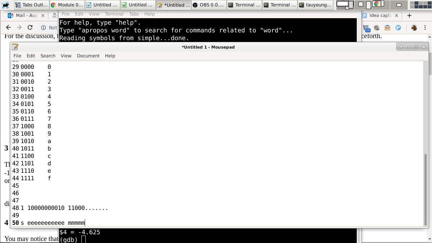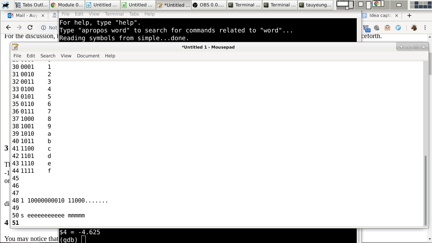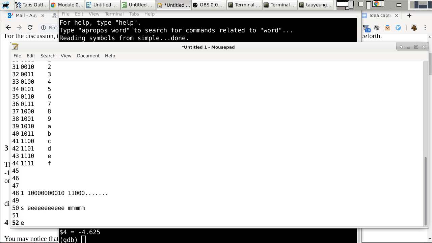Now we look at the sign. The sign says it's 1, so that means it's a negative number. That's easy to figure out. So what is E? E itself is the unsigned interpretation of those 11 bits. So what is the unsigned value of those 11 bits?